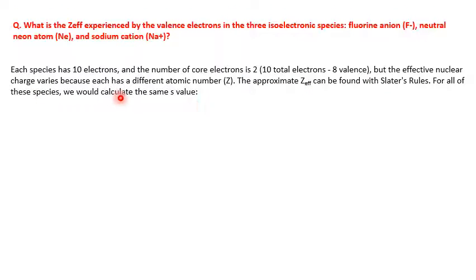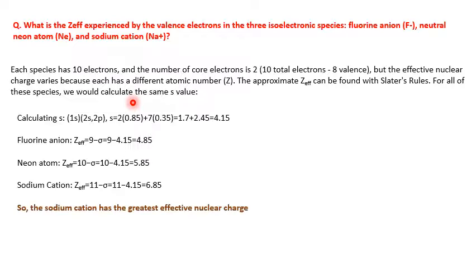For all of the species, we would calculate the same S value, because the S value will be similar: fluoride, sodium plus and neon have the same electronic configuration.